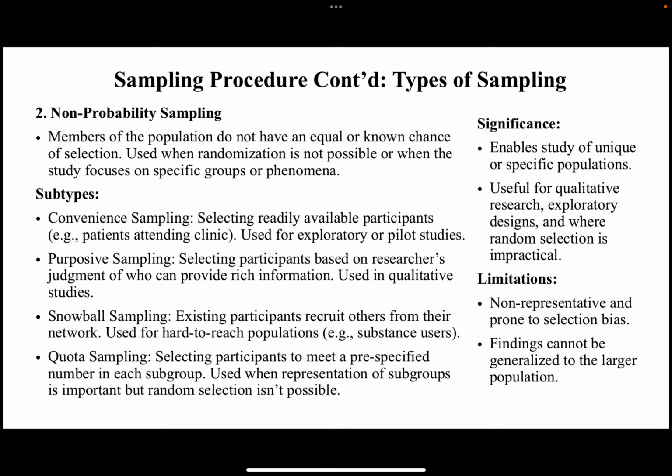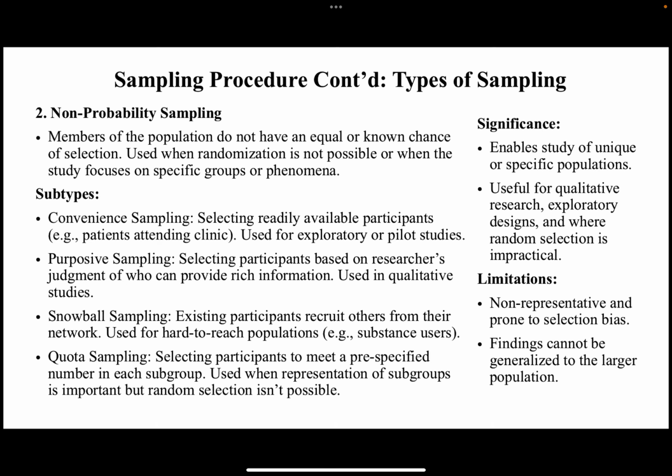Now, when do we use convenience sampling? For example, if you are doing a pilot study, they mostly use convenience sampling in pilot studies, and also in exploratory studies and qualitative studies.